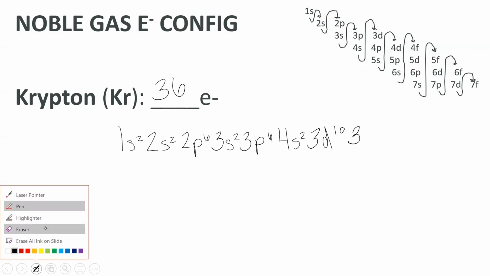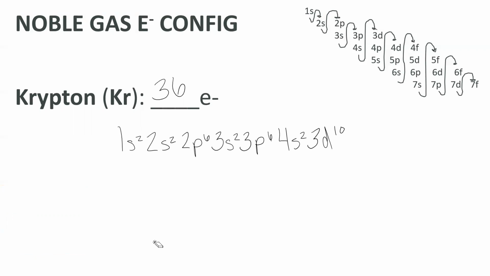Make sure you're following that chart. So I was at 3d. Now I've got to go down to 4p, and I'm going to fill it with 6. So that is krypton's electron configuration. Remember, we're not doing anything shortened yet. You have to know the noble gases' electron configurations first.